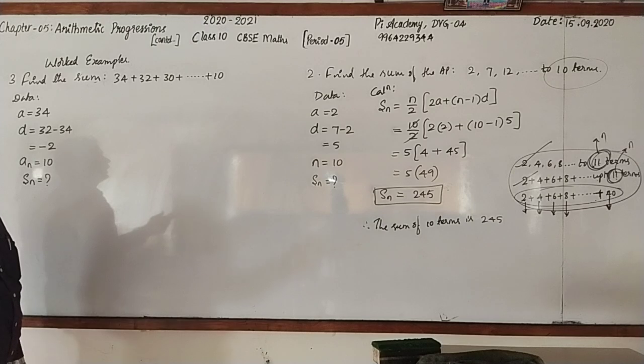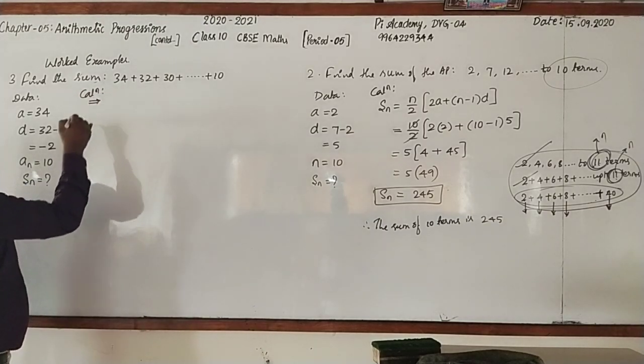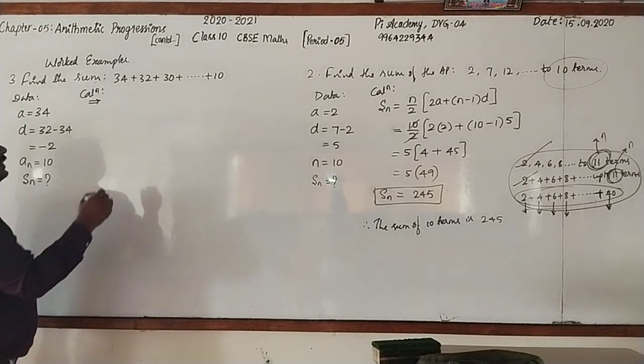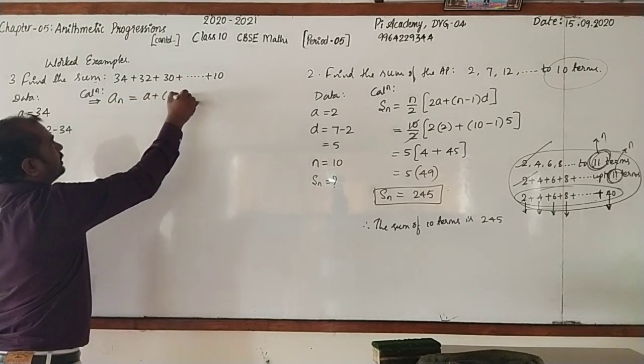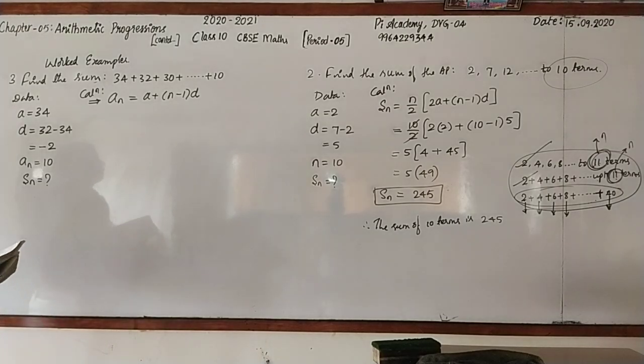But we do not know the number of terms. First, let us find the number of terms. How do you find the number of terms? Yes, by using the formula an equal to a plus (n minus 1) into d. Followed?